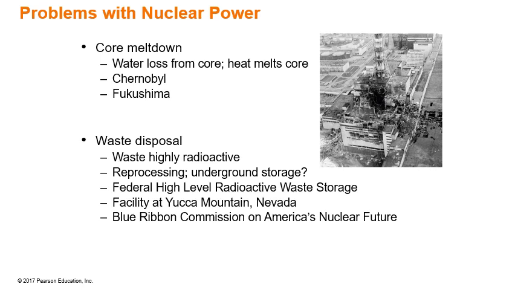Then we get a core meltdown, just like happened in Chernobyl, in the USSR, or at Fukushima, in Japan, which happened because of the tsunami that occurred. These were both very devastating to the environment surrounding these plants.